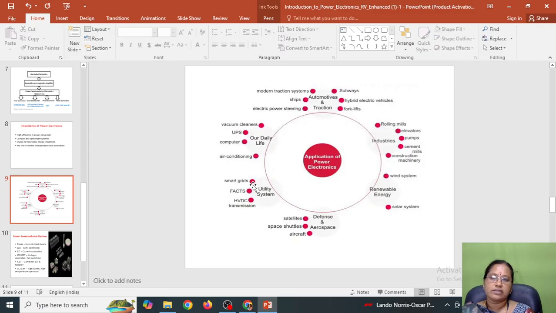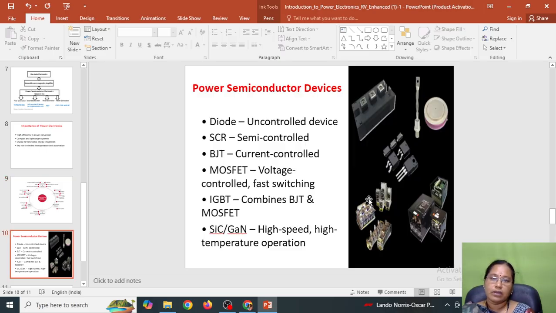In utility systems, smart grids, FACTS and HVDC transmission systems. In our day-to-day lifestyle, vacuum cleaners, UPS, computers, air conditioning, and also modern traction systems, ships, electric power steering in automotives and tractions. So power electronics is in various domains.